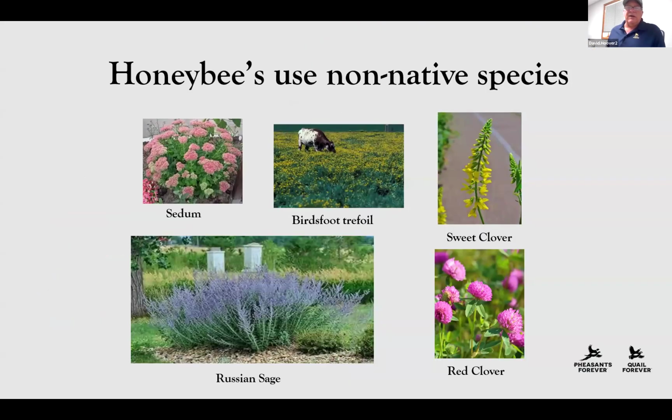And of course, honeybees use non-native species much more than our native bees. Probably the two most common we think about are red clover and sweet clover. Quite honestly, most of the honey we buy in the stores is clover honey.